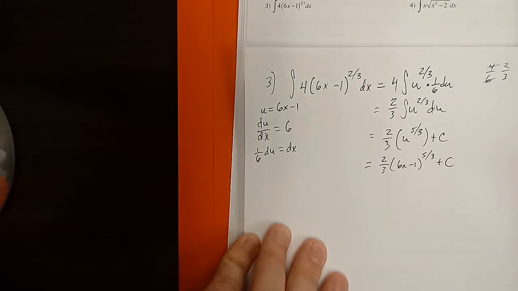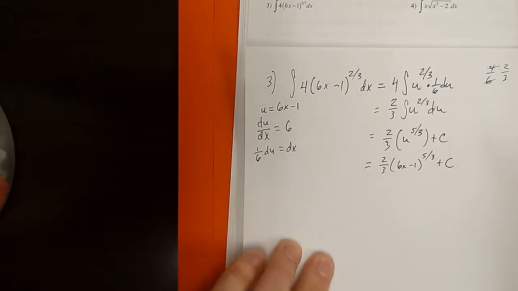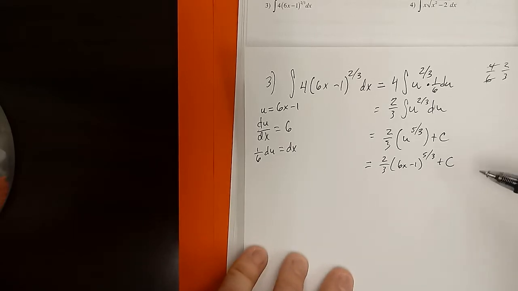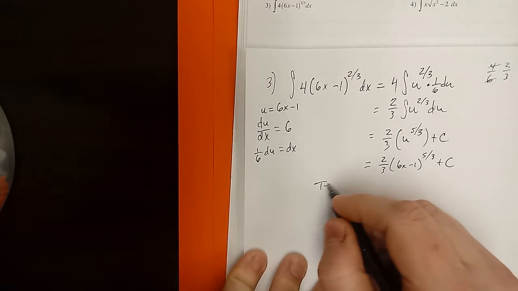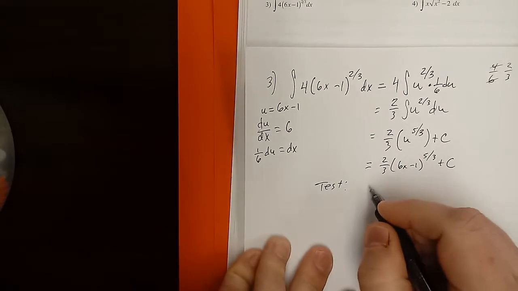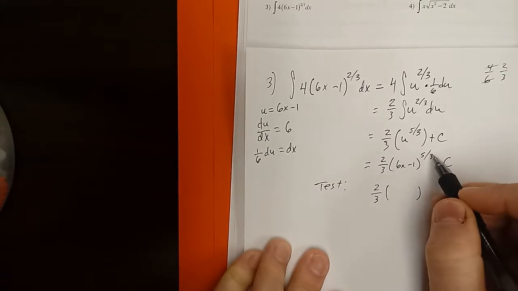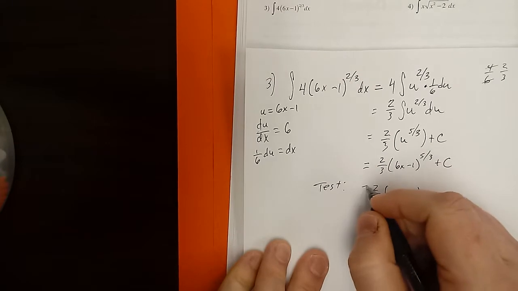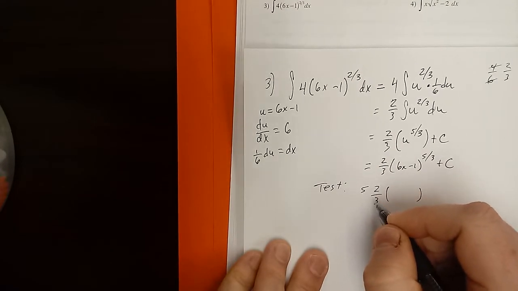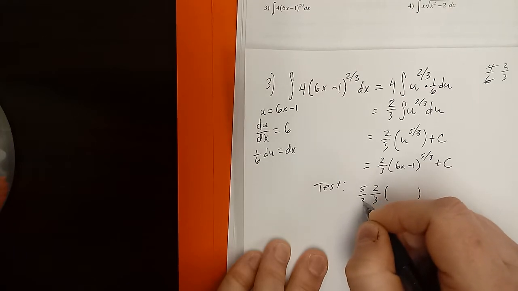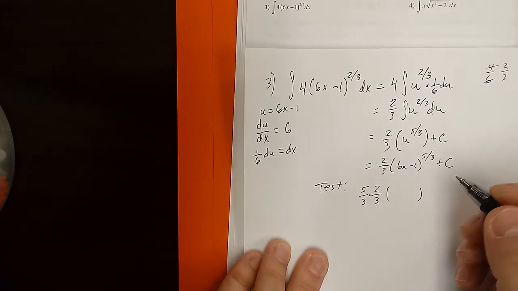So we're getting into ones where taking the derivative of this, we should end up with what we began with. So let me just test myself. Let me see. So I've got the 2/3 out front, and it's something to the 5/3. So the 5/3 is going to come out front. Oh my goodness. I'm glad I'm testing this right now, because I made a mistake.